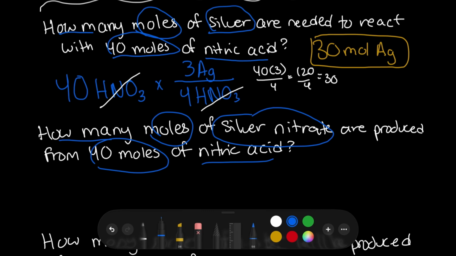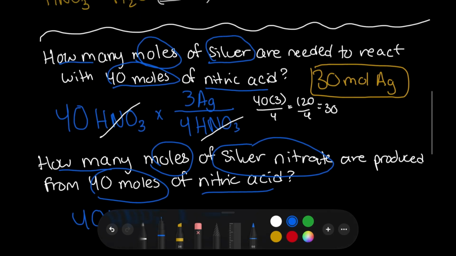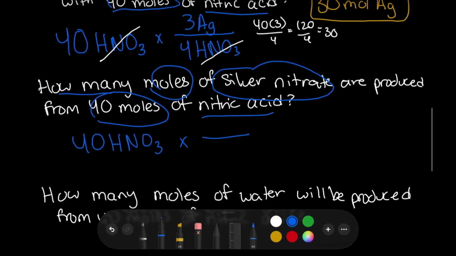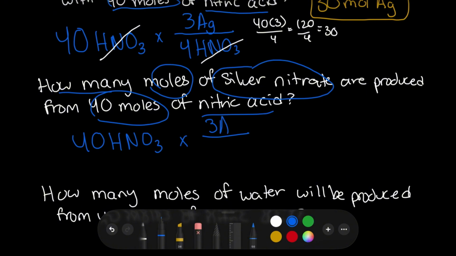We're still using nitric acid, so it's still 40 HNO3 multiplied by 3 AgNO3 over 4 HNO3.